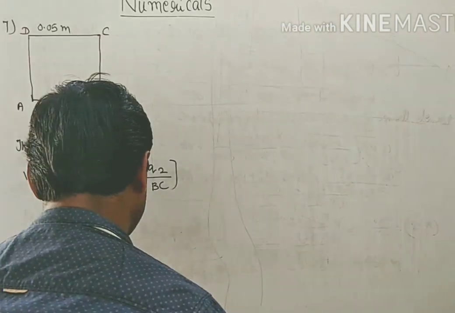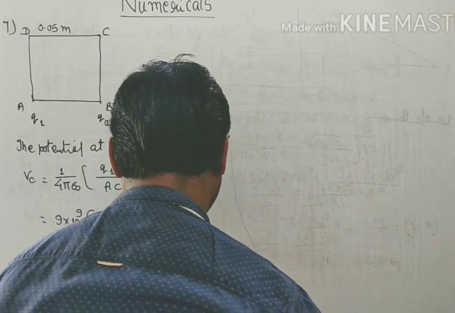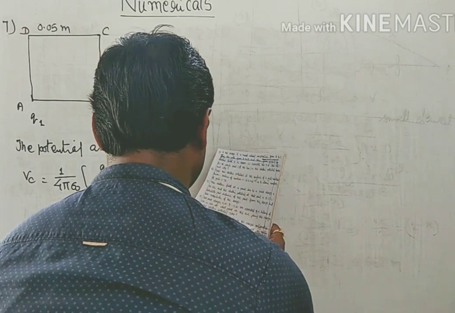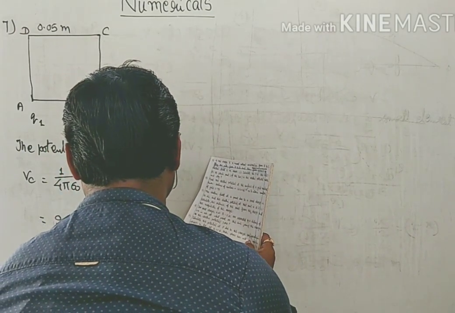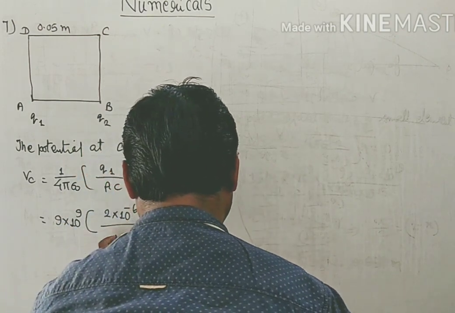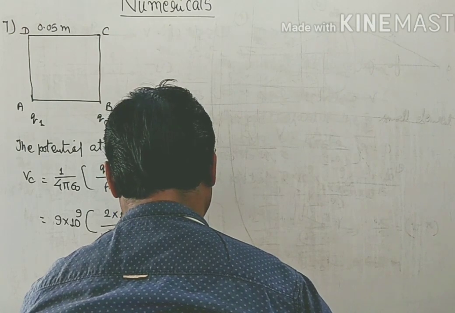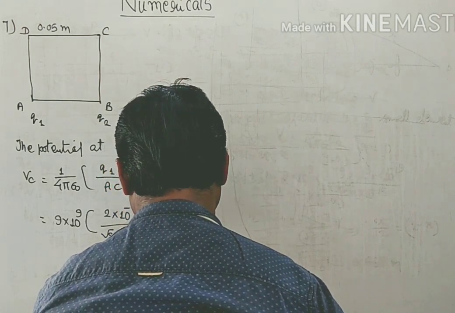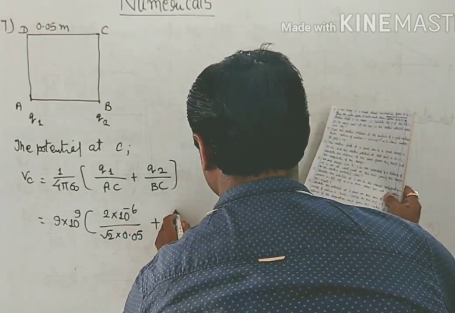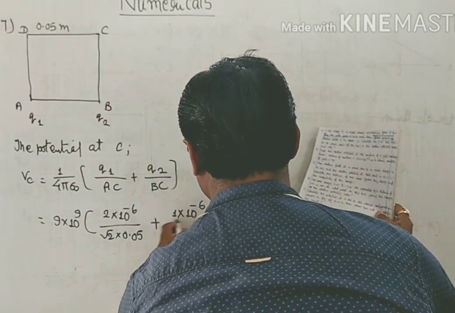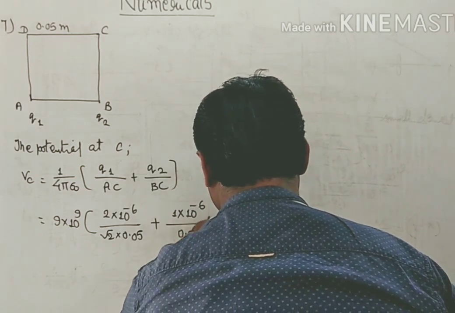Now placing the values, we have 9 into 10 power 9, and the magnitude of the first charge is 2 into 10 power minus 6 upon AC, which is under root 2 into 0.05, plus the second charge 1 into 10 power minus 6 upon distance 0.05.